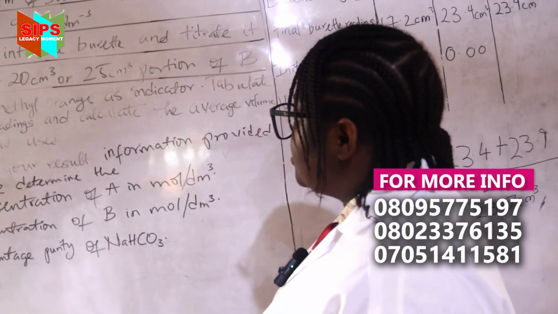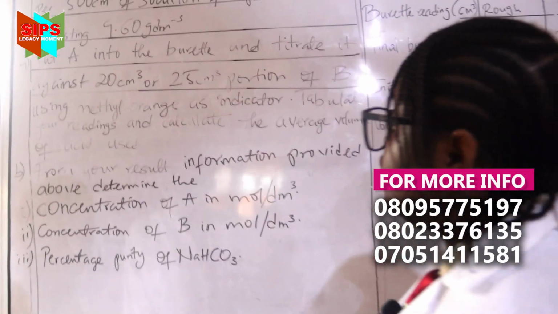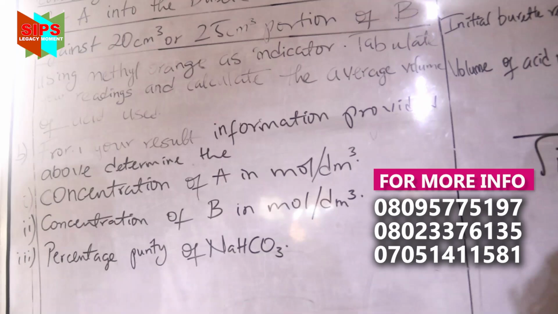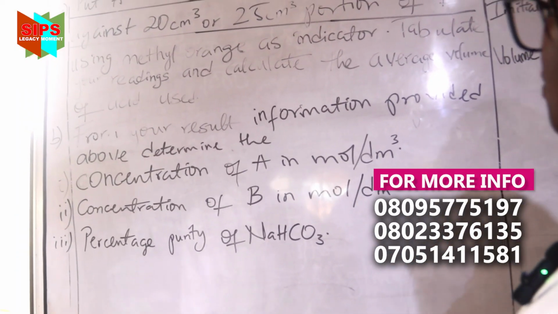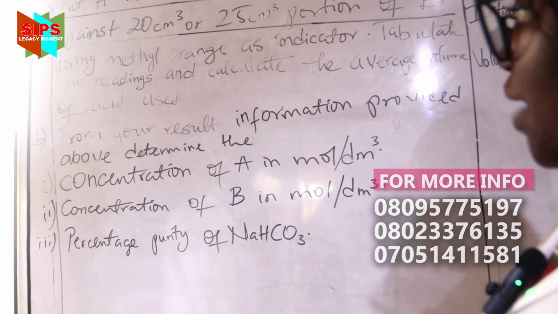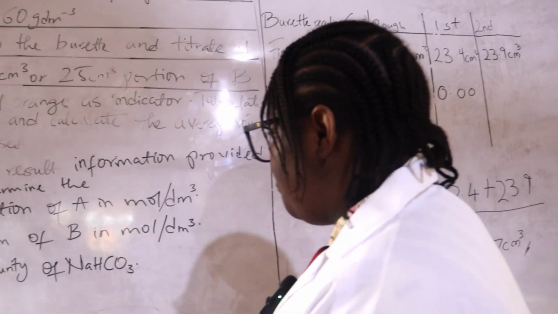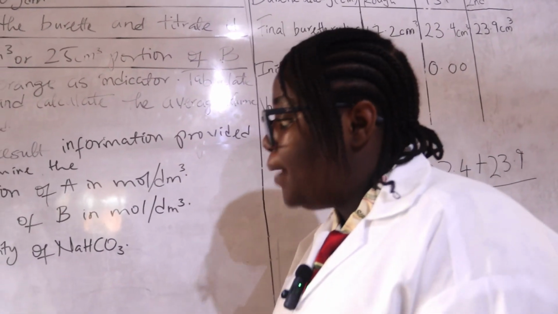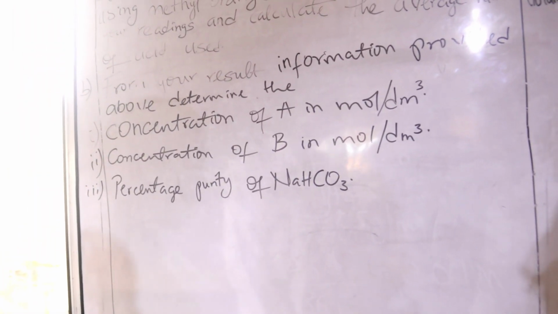Using methyl orange as the indicator, tabulate your readings and calculate the average volume of the acid used, which has been done here. From your result and information provided above, determine the concentration of A in mole per dm cube, the concentration of B in mole per dm cube, and the percentage of purity of the sodium hydrogen trioxocarbonate(IV).